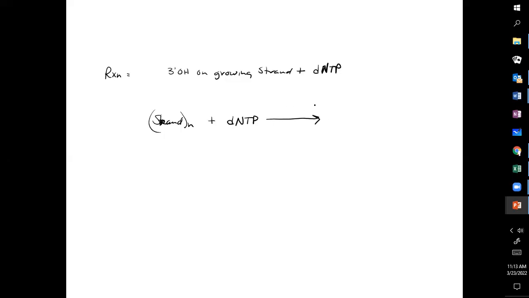The enzyme DNA polymerase is going to catalyze the connection of this hydroxyl to one of the phosphates here. Pyrophosphate, PPi, is going to be removed, and we have remaining this new strand with an additional nucleotide.